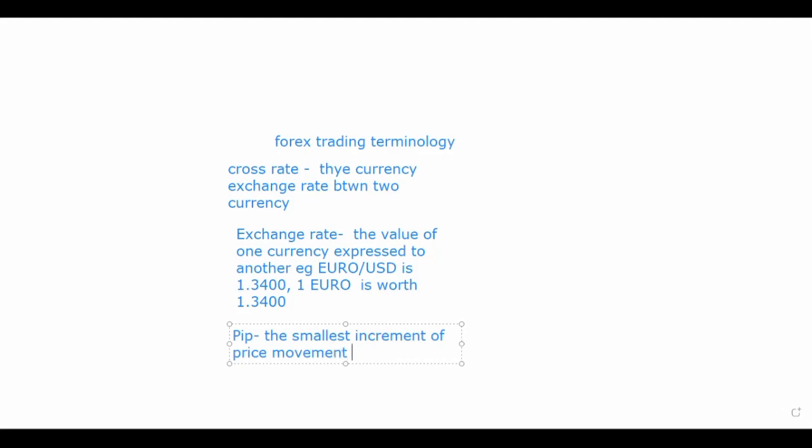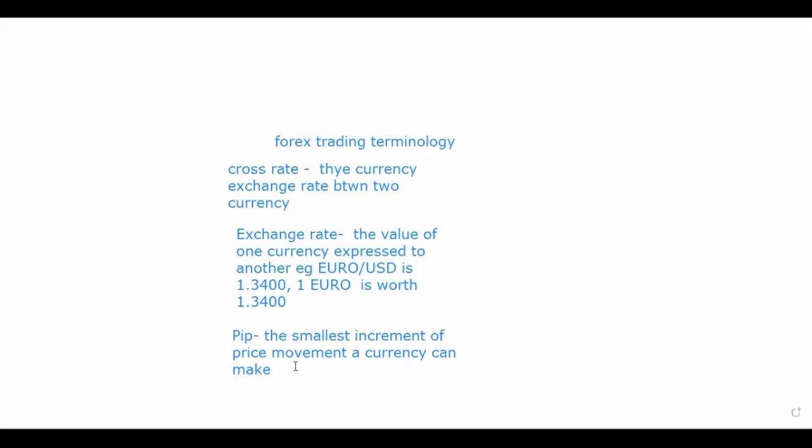I think we are getting together. So this is the PIP, the smallest increment of price movement a currency can make.